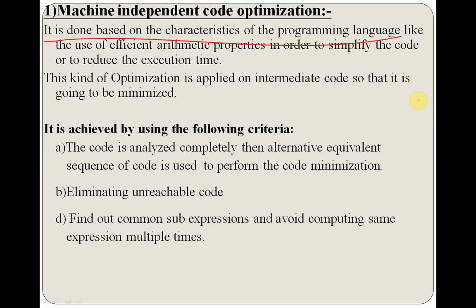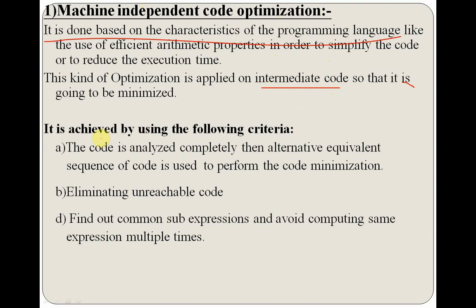And this kind of optimization is applied on the intermediate code, like three address code. So intermediate code is taken and some kind of transformations applied so that the code is going to be minimized. This is called machine independent code optimization.